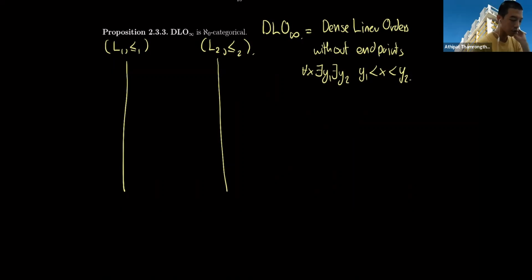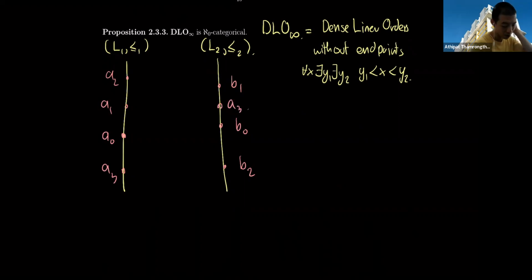The idea of this proof is if you have two dense linear orders, the first thing that you can do is enumerate them. So here I'm going to have A0, A1, B0, B1, A2, B2, A3, B3, and then B4, A4.